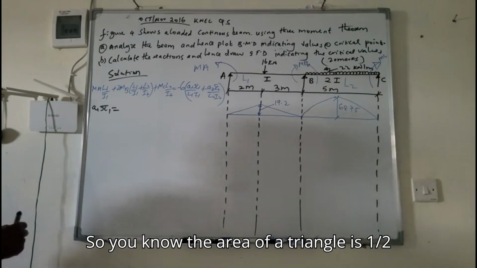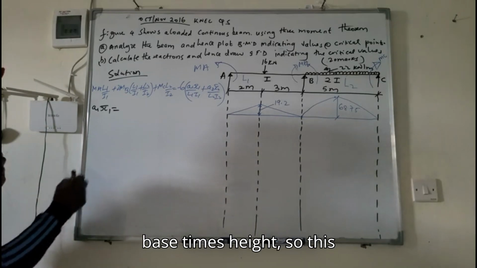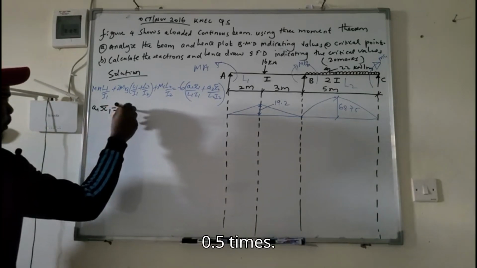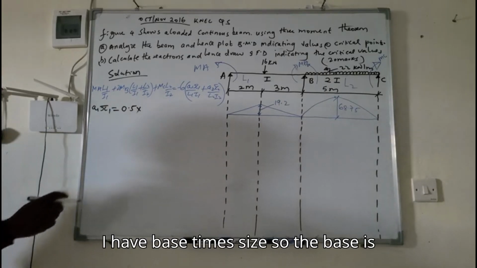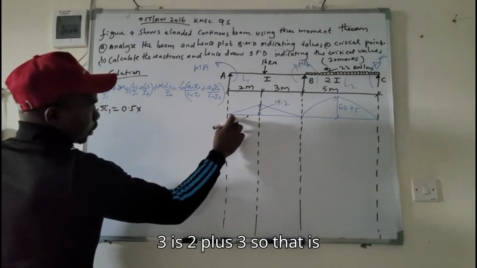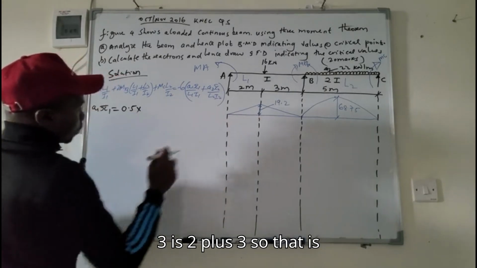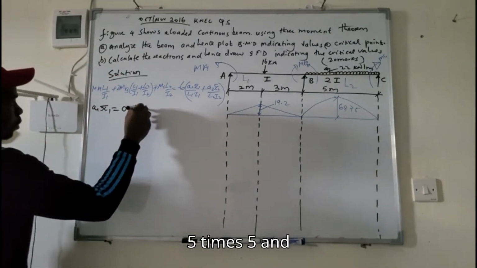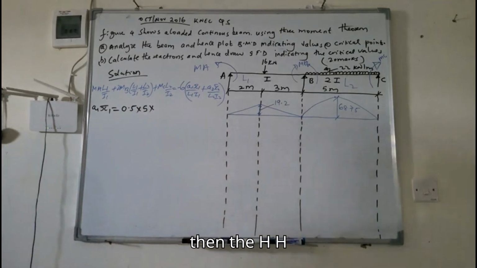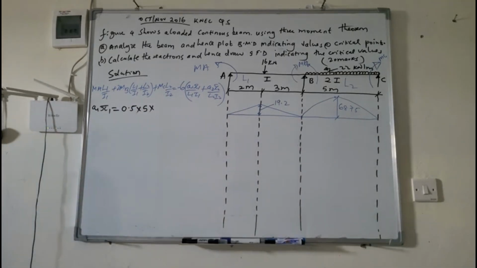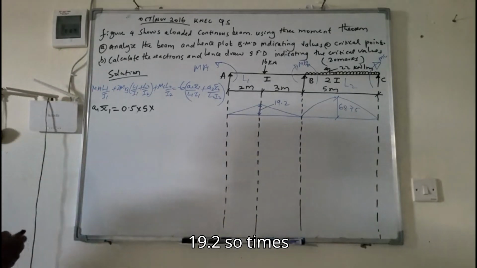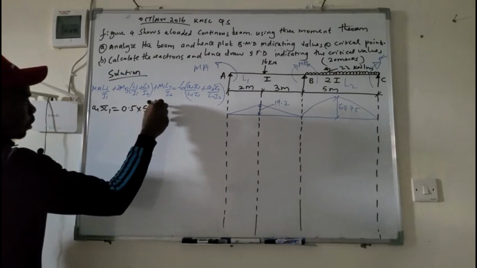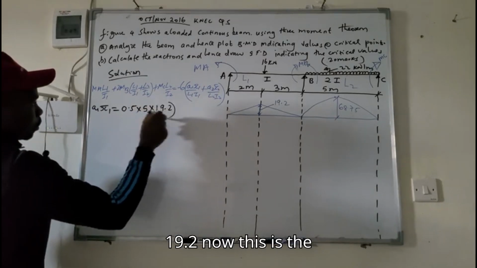We know the area of a triangle is a half base times height. So 0.5 times base times height. The base is 2 plus 3, so that is 5, times 5. And then the h, which is the maximum bending moment, which is 19.2.